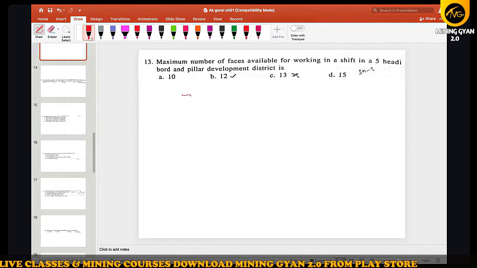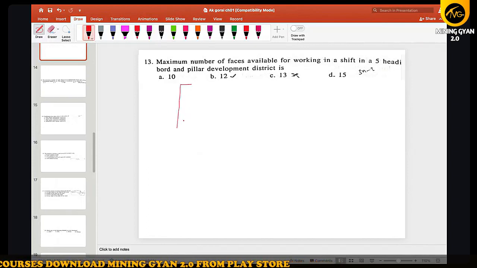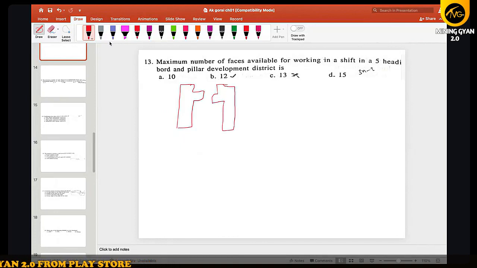Suppose this is the two heading. If we have a two heading, then the maximum available phases are 1, 2, 3 and 4.